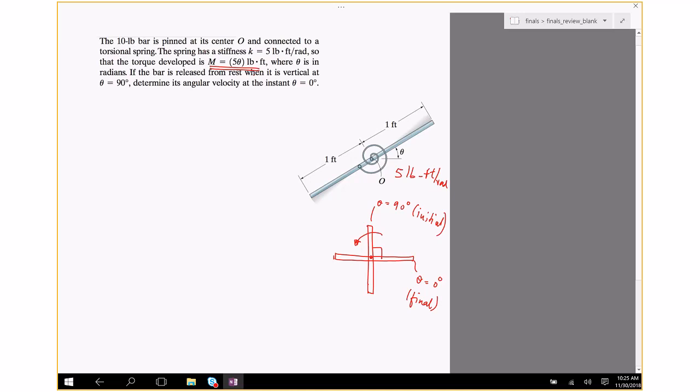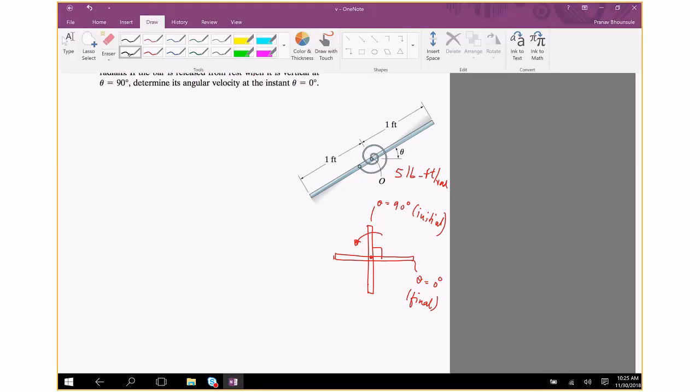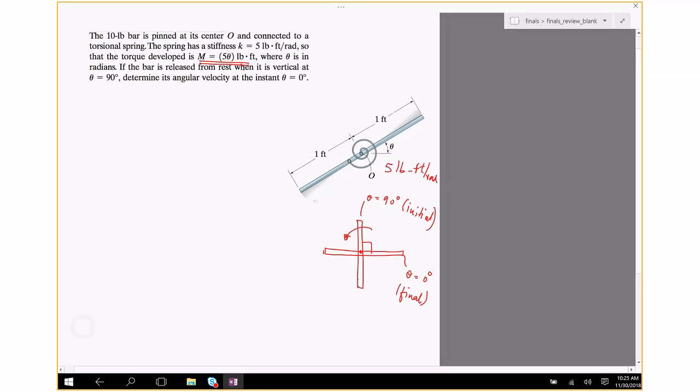So again, let's go through. Let me write down the unknowns before I try to solve this. We got to find angular speed when theta is 0 degrees. The bar is released from rest, so it's released from 0 speed when theta is 90 degrees. Okay, that's given. So if we go through this, first of all, it's not a problem in kinematics, number one, because you're given the mass and you're also given capital M, which is a moment.